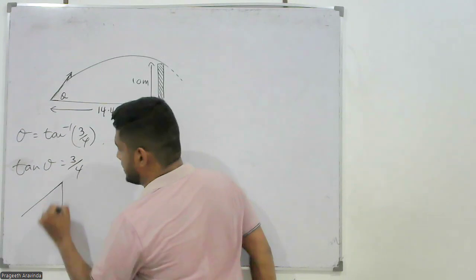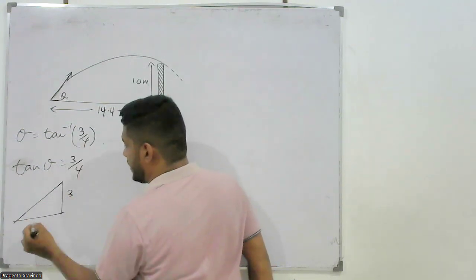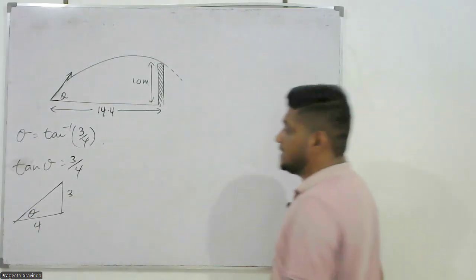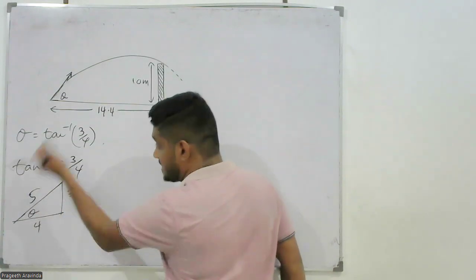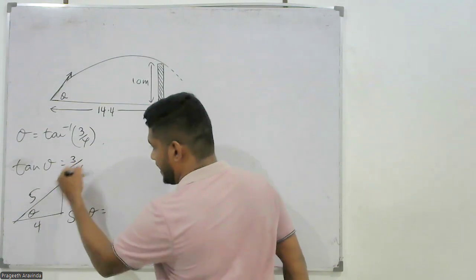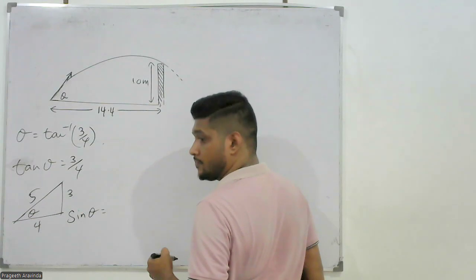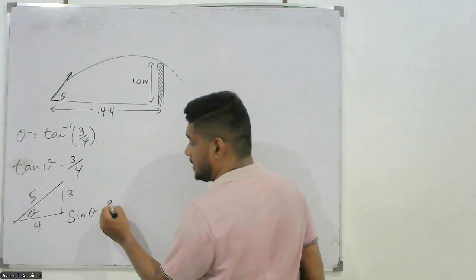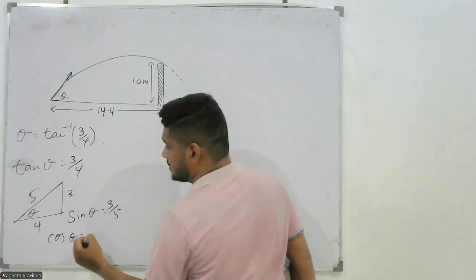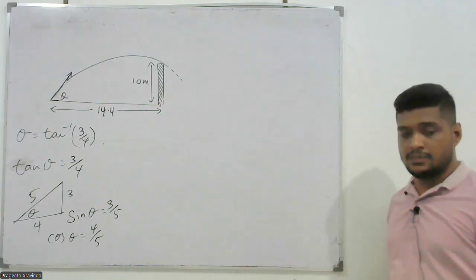For the triangle, opposite side divided by the adjacent, and the hypotenuse should definitely be 5. So sin theta is 3 divided by 5, cos theta is 4 divided by 5.